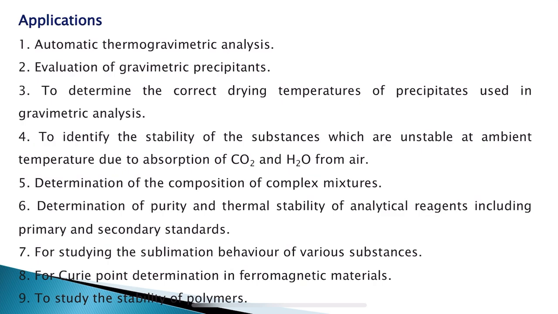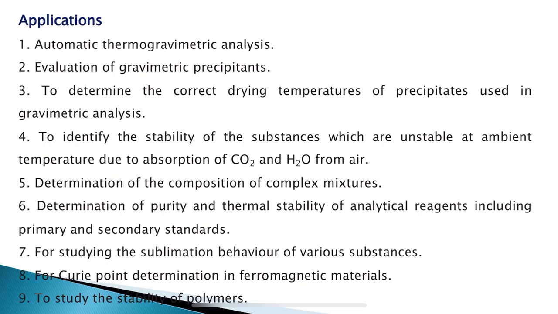For example, polyethylene and polypropylene degrade completely in a single step between 150 degree centigrade and 45 degree centigrade, but polyvinyl chloride, also called PVC, shows two steps. The first step has a loss of 60 percent by around 400 degree centigrade, cellulose and polyacrylamide. This is an example of how we study the stability of polymers.